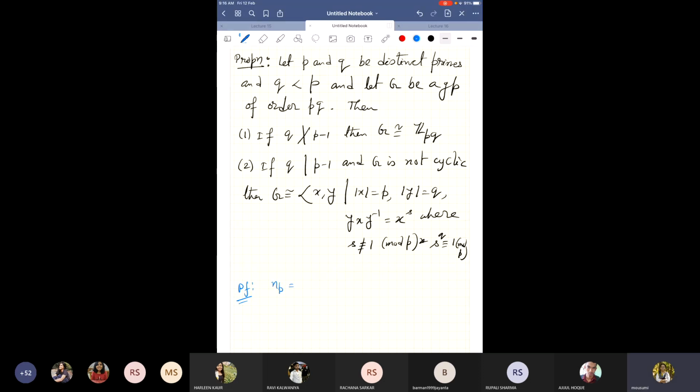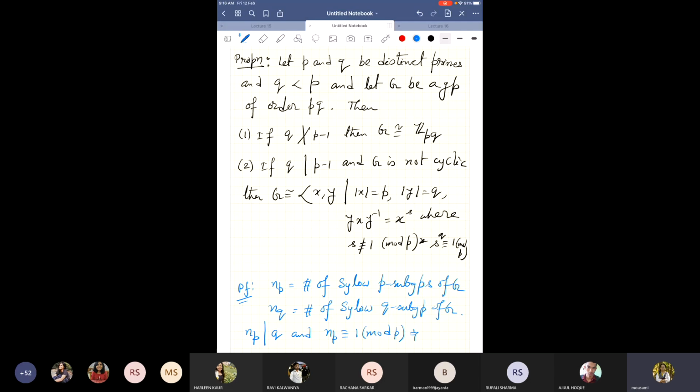Let NP denote the number of Sylow P subgroups of G, and NQ denote the number of Sylow Q subgroups of G. Now according to the third theorem, NP should divide Q and NP is congruent to 1 mod P, right?